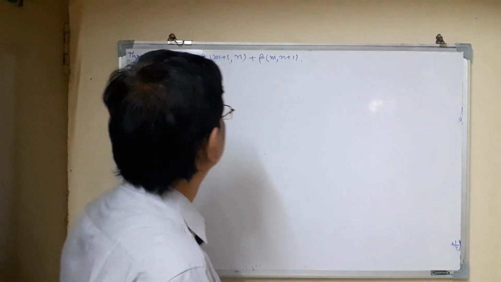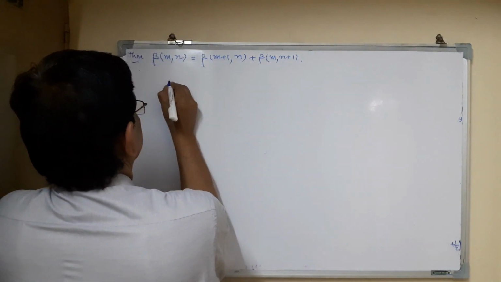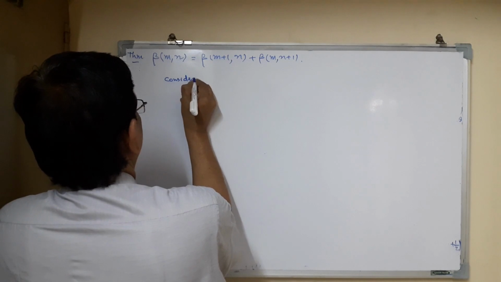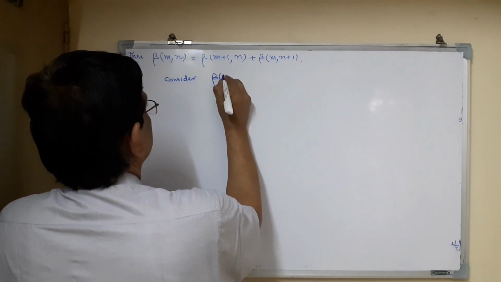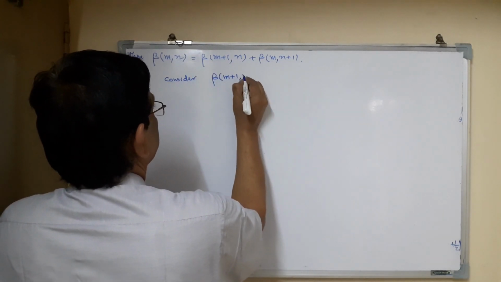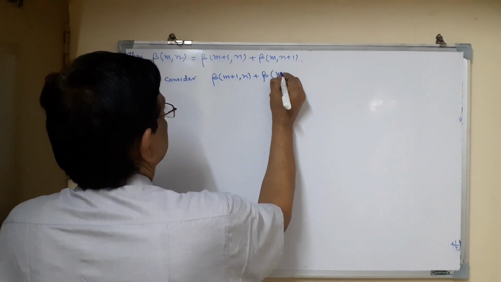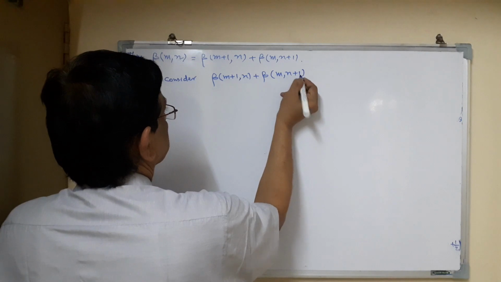So let us look into the RHS. Consider beta of m plus 1 comma n plus beta of m comma n plus 1.